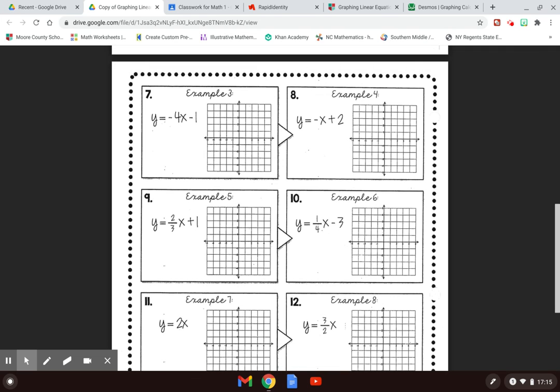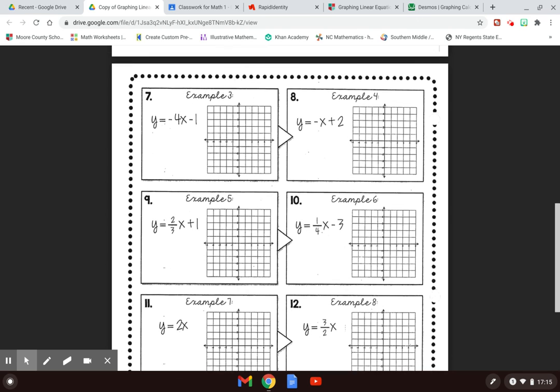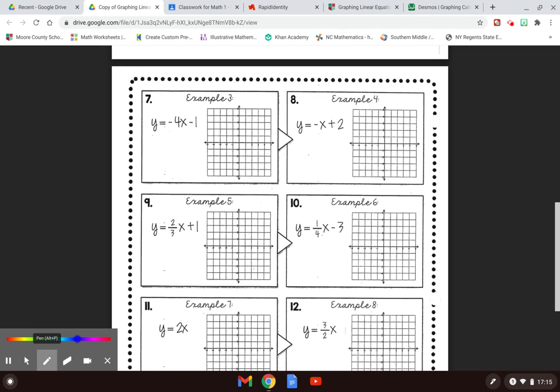Okay, so if I look here at numbers 3 and 4, or excuse me, 7 and 8, again, same thing, y equals -4x minus 1. So my slope here is going to be -4 over 1. And then my b value, or my y-intercept, is going to be (0, -1).